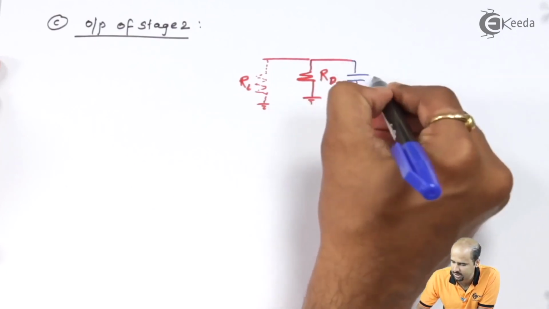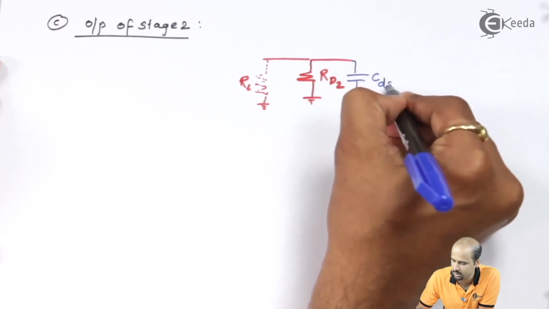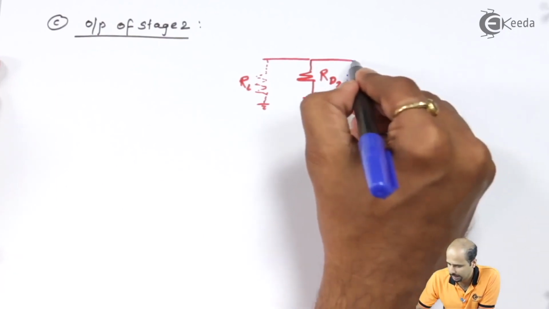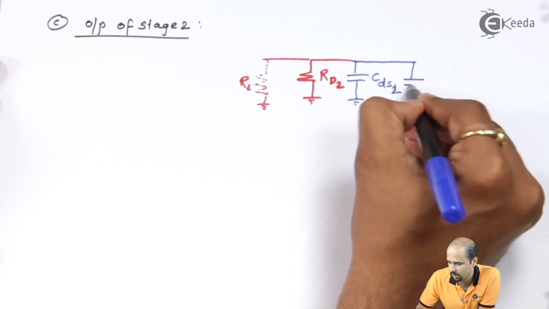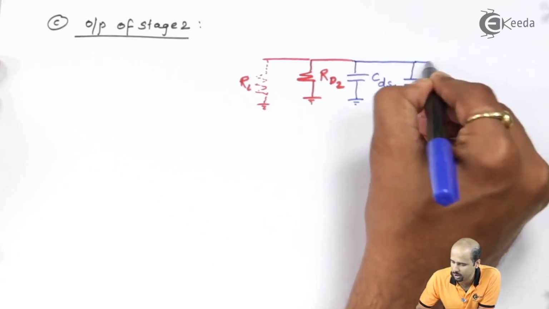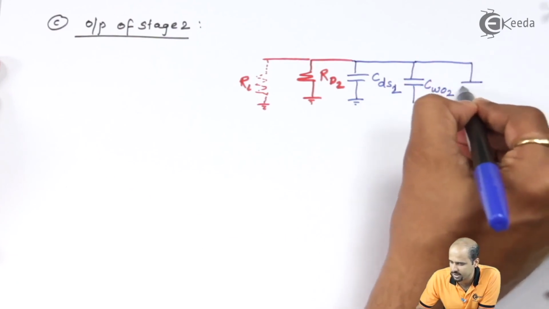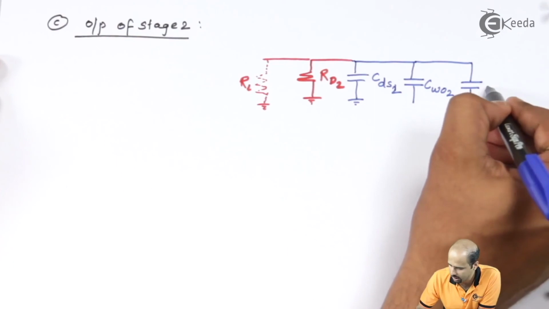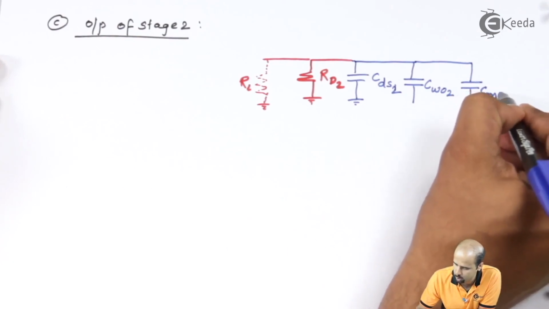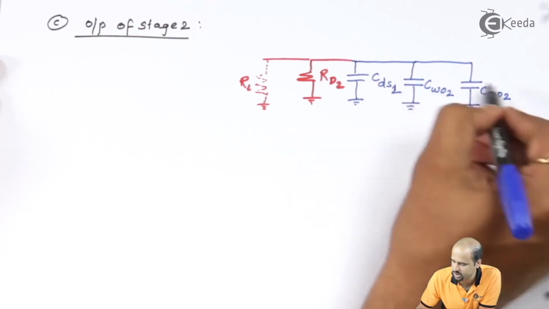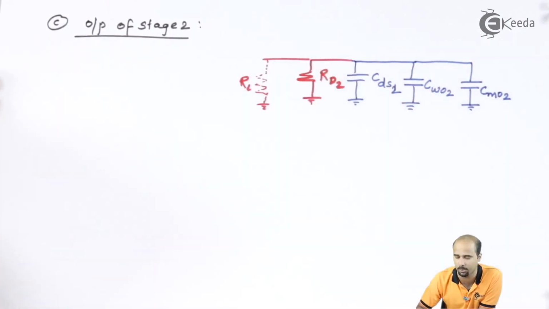First capacitance is nothing but CDS2, right? Then we will be having the wiring capacitor, that is CWO2 at the output side, and the Miller's capacitance, which is a replacement of CGD, so it is nothing but CMO2. All are connected to ground, that means all three are connected in parallel combination.